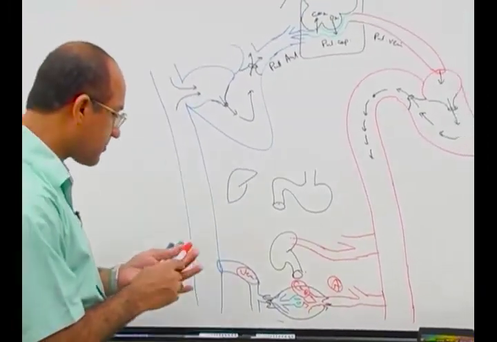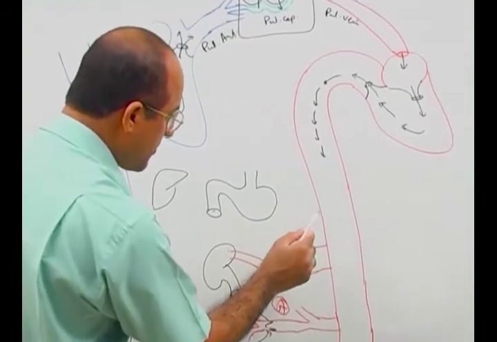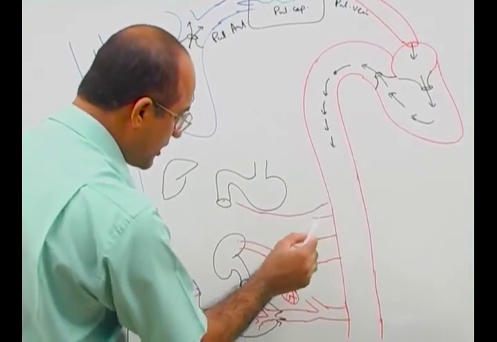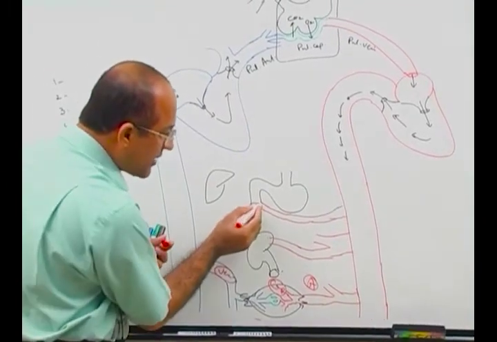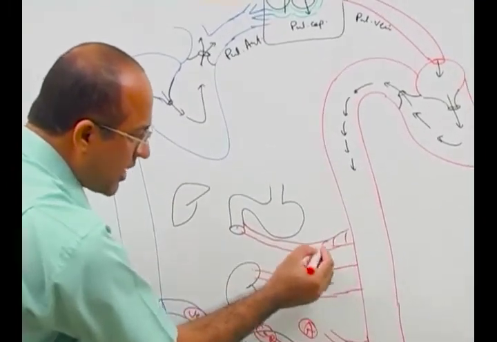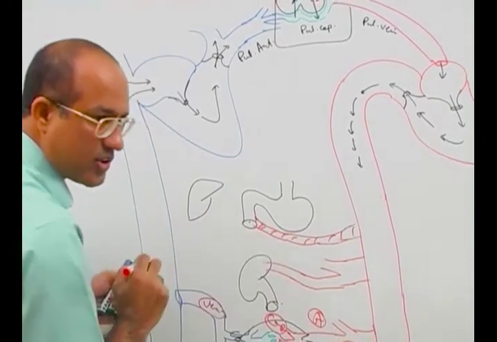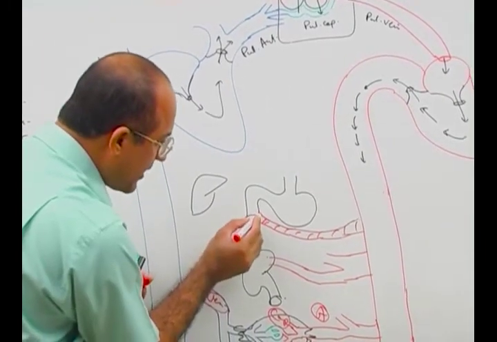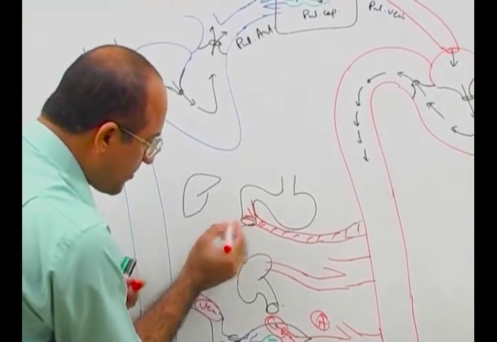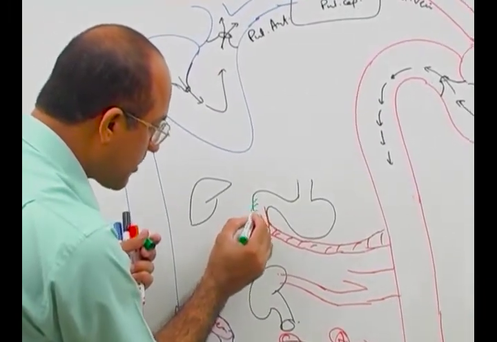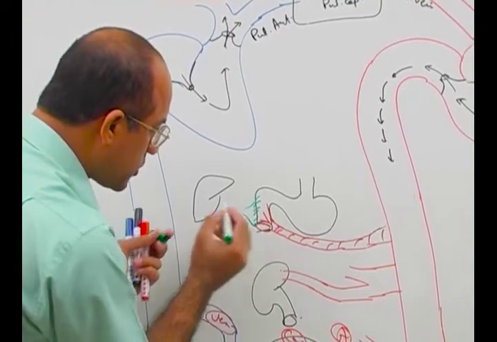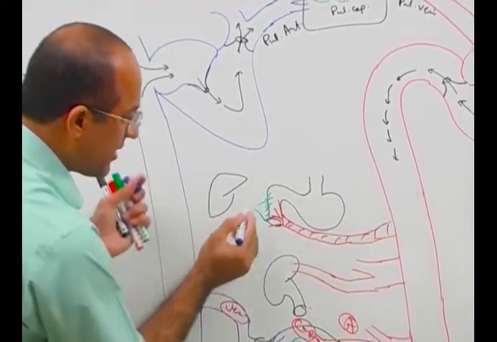For example, from the aorta by the arterial system, blood is brought to the GIT. This is the arterial blood which is coming to the GIT. Then within the GIT lining, it breaks down into smaller, yes, what? Capillaries.